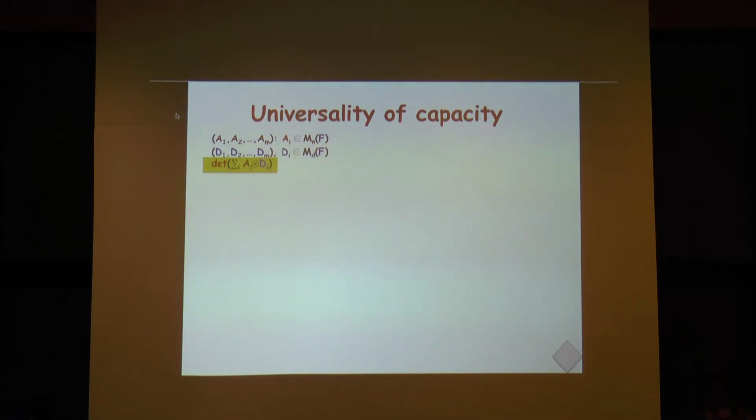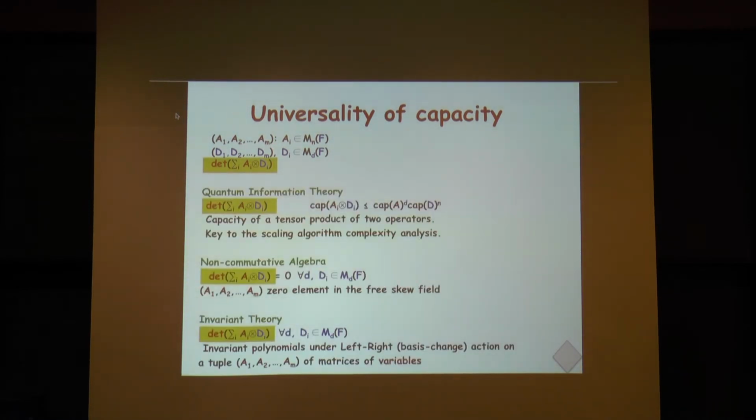These are the new matrices in the new operator. So this is the kind of thing you would like to understand. And it so happens that in all these three fields, these expressions come up extremely naturally for completely different reasons, exactly the same expression.